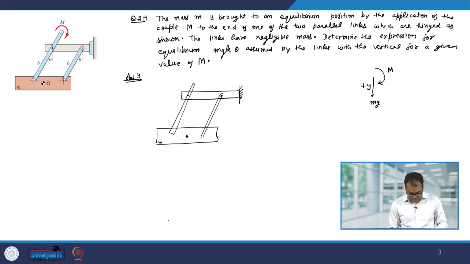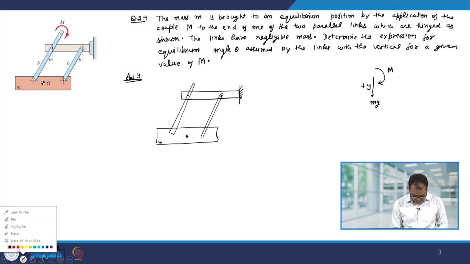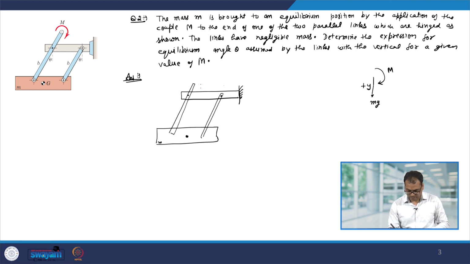So, first of all, what will happen because of the moment? So, we can assume infinitesimal virtual displacement because of this m. So, you can think of because of this m, this mass is going to go up.